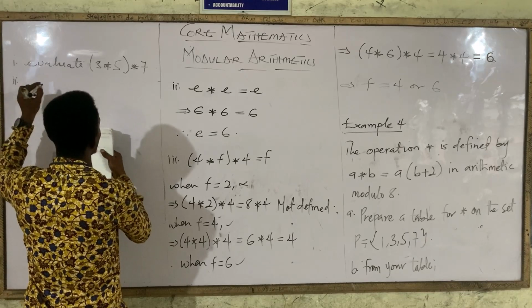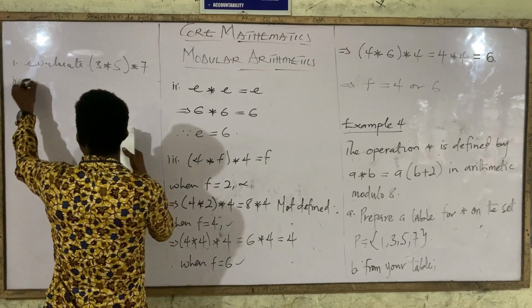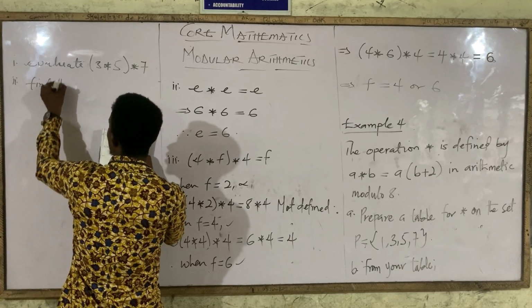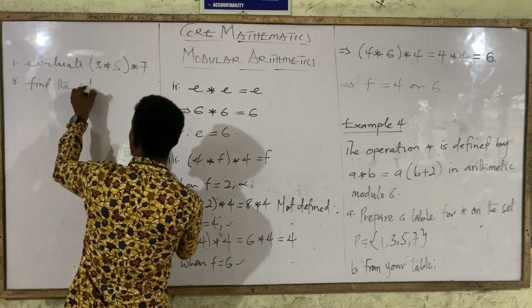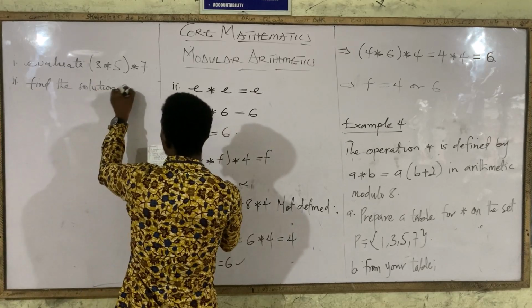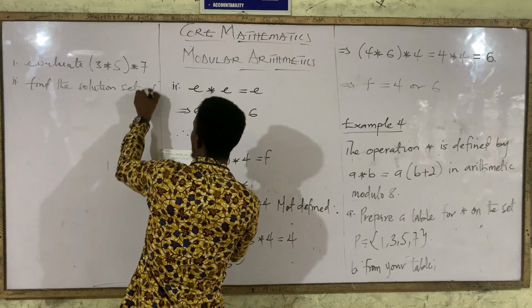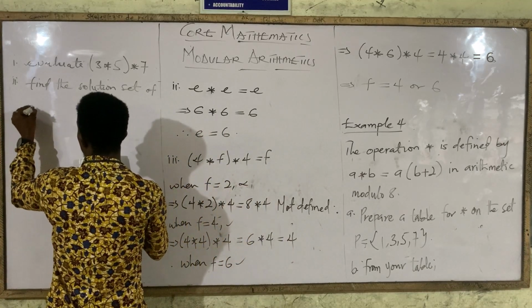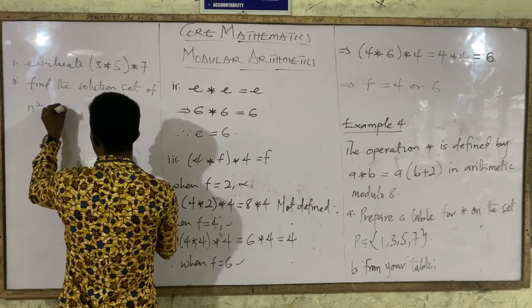I find the solution set of n such that n squared is equal to n.